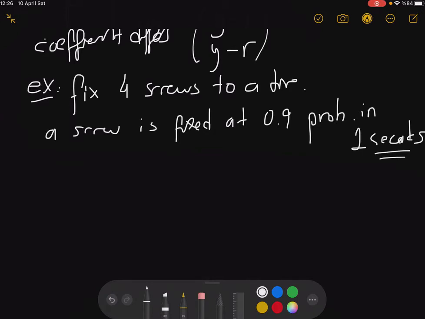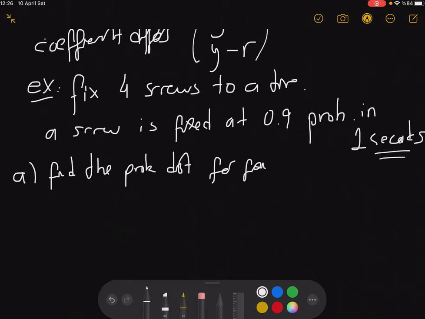You're trying to fix a screw to a tire, but with 90% probability it is fixed. With 10% probability you need to do it again for 1 second again. That's the idea. Now the first part of the question is to find the probability distribution for fixing 4 screws to a tire.